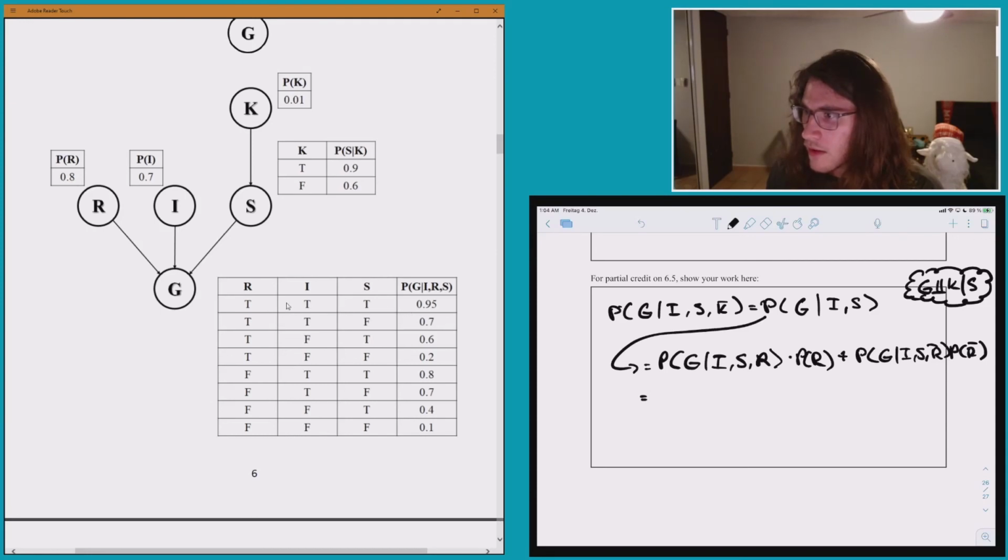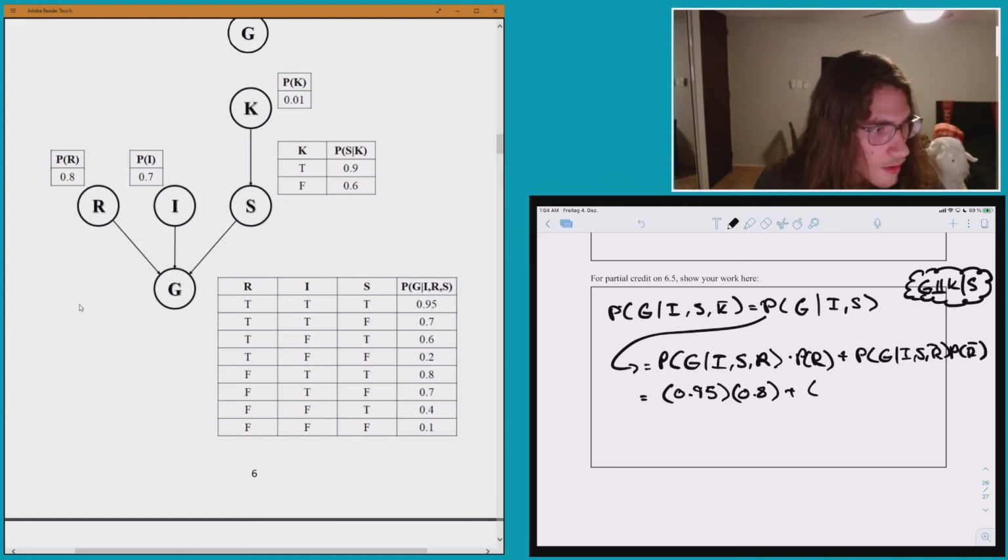So I'm summing this one with this one, but because of the chain rule, I'm also multiplying it by the probability of R. So this is the top row, 0.95, times the probability of R, that's 0.8, plus the next row, false true true, that's 0.8, times 1 minus 0.8, that should be 0.2.